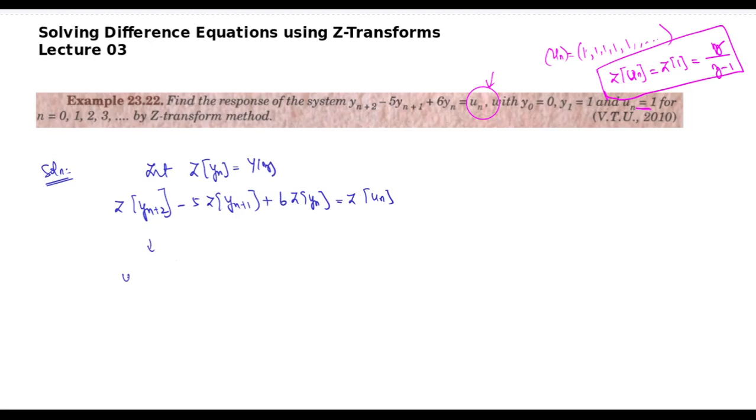Therefore this gives Z square times Y(Z) minus y(0) minus y(1) Z to the power minus 1, minus 5 times Z times Y(Z) minus y(0), plus 6 times Y(Z), equal to Z of u(n), which is Z divided by Z minus 1.